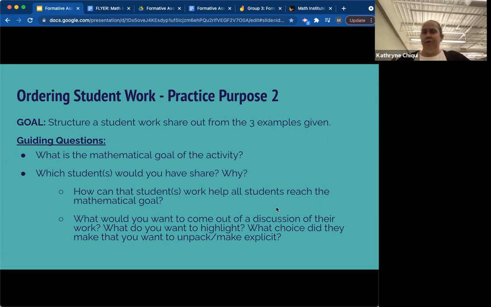But if we think about the second purpose of being able to either build on a student that already has that idea and pull other students up to it, or starting with one that's maybe lower and extending that student's understanding using other students to support them, we're interested to hear what option you would pick and why you think that would be the best one.